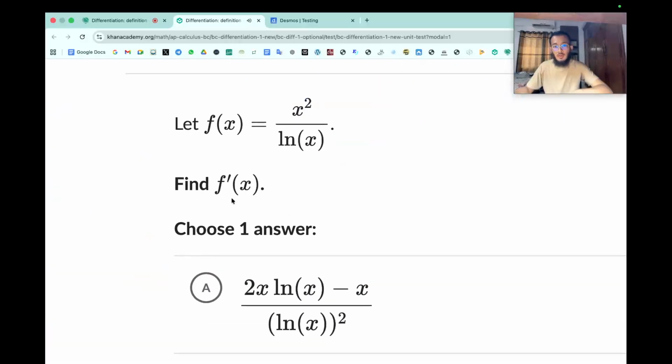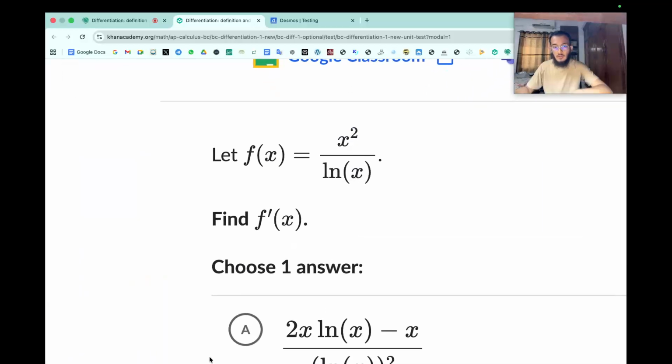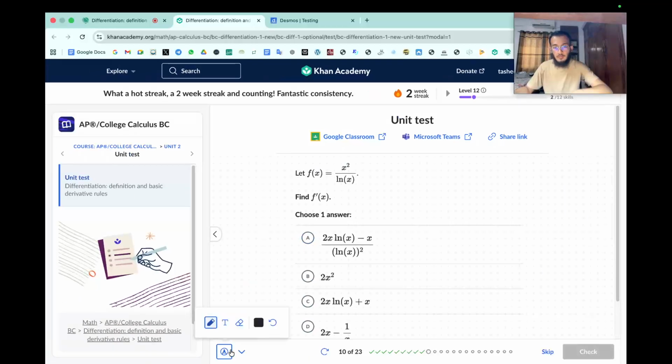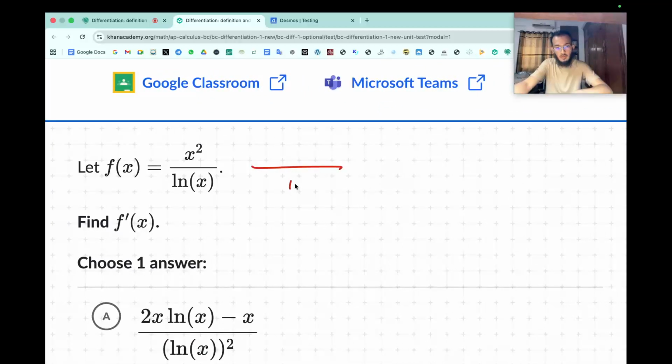f of x is this function. What is f prime of x? Okay, again uv. V would get squared, so it's ln x squared, v differentiation of u, minus u differentiation of v, which is 1 by x.